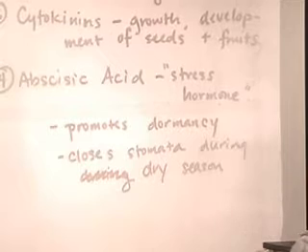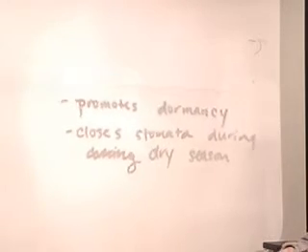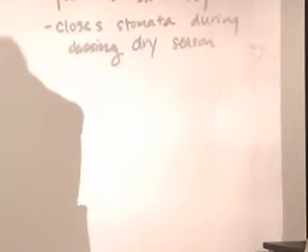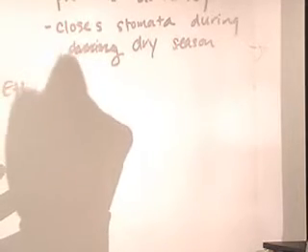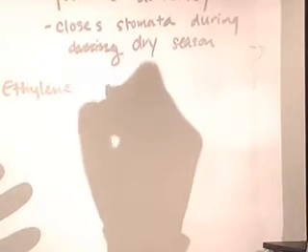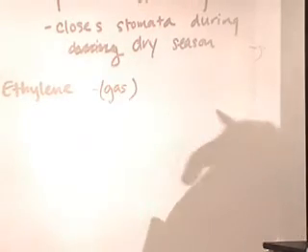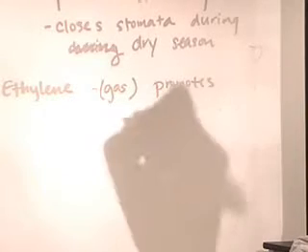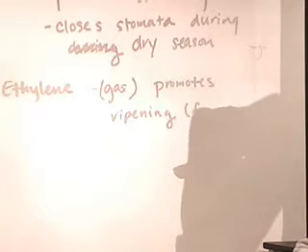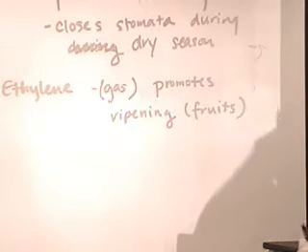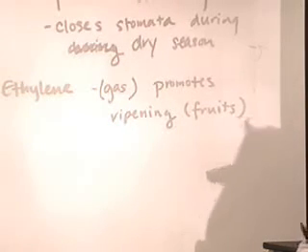Okay. The last hormone we'll talk about is ethylene. So ethylene is a little different in that it's a gas. Okay, and what it actually does is it promotes ripening of the fruits. And it also promotes senescence.